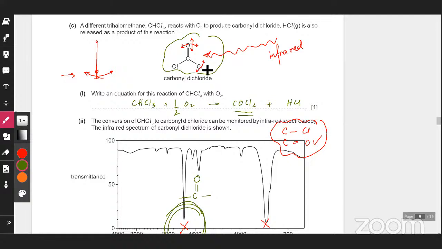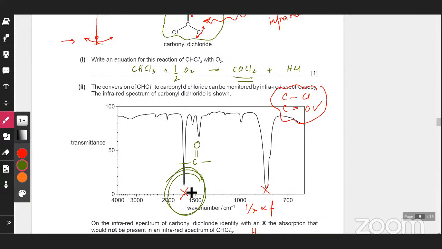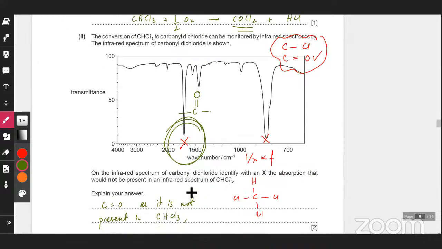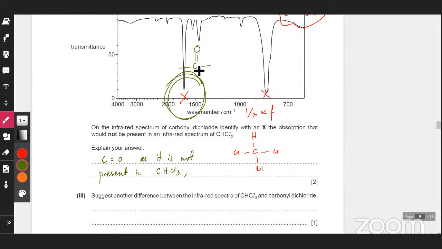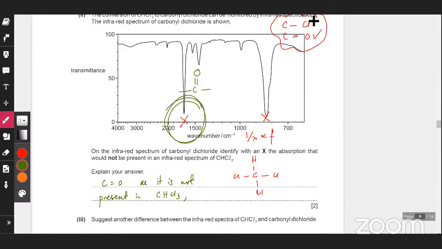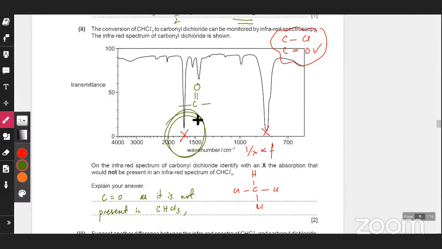They can vibrate, and each bond is going to vibrate at a very specific frequency, not at any frequency that it likes. So there are unique frequencies absorbed by each bond, and you just look at the dips. You had two types of bonds, C-Cl and C double bond O, and from the data booklet we were able to identify that this is C double bond O.